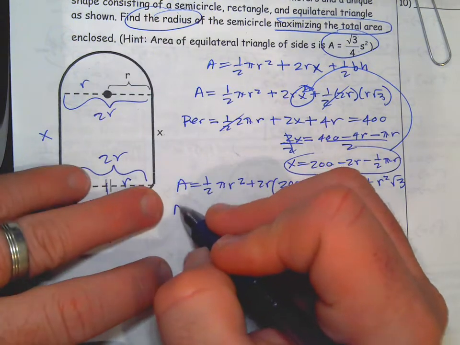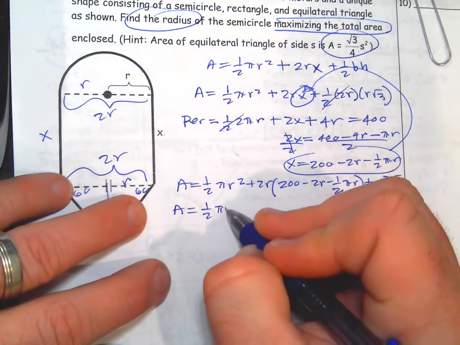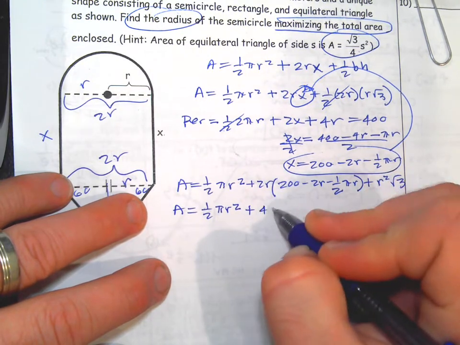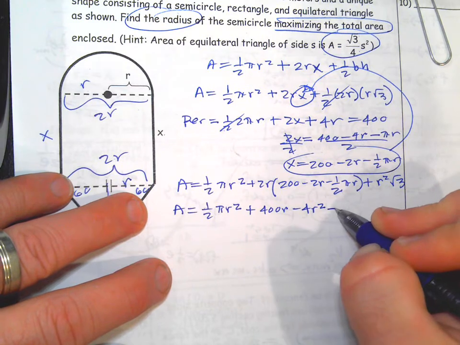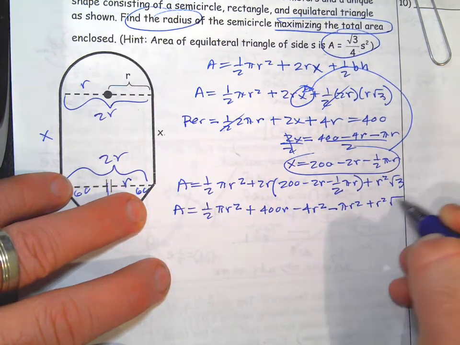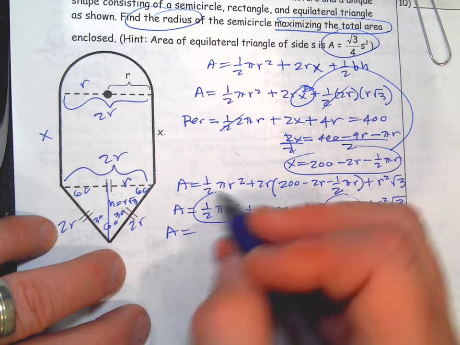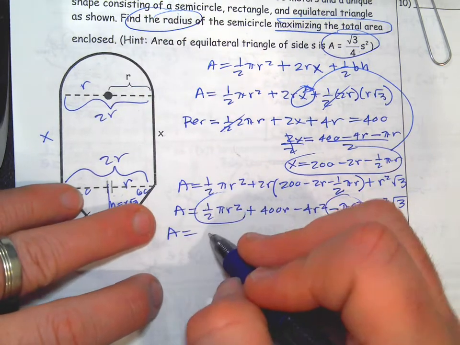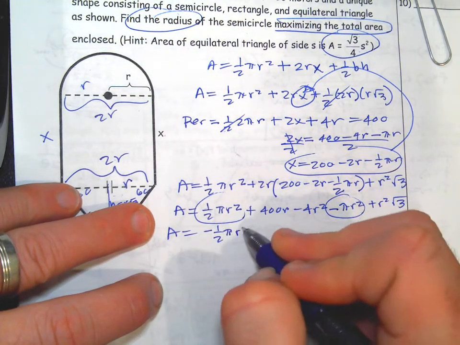Okay, let's clean it up a little bit: 1/2 pi r squared plus 400r minus 4r squared minus pi r squared plus r squared root 3. I think there are some like terms we can combine. Why not? So that's going to be negative 1/2 pi r squared now.